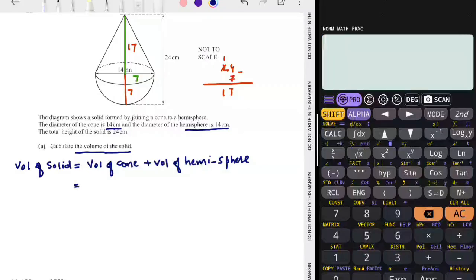For cone the formula is 1/3 times pi r square times h, and the volume of hemisphere is 1/2 bracket opens 4/3 times pi r cube.